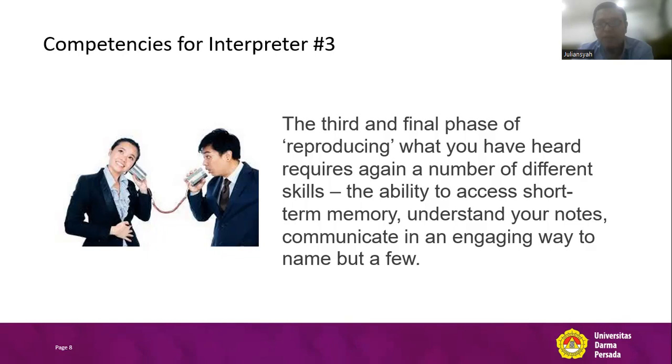For example, the ability to access short-term memory, the ability to understand your notes, and then the most important thing is the ability to communicate, to deliver the message again in some specific ways, especially because you are translating. So that is the point of competency for number 3, interpreter number 3. It means interpreting is difficult.